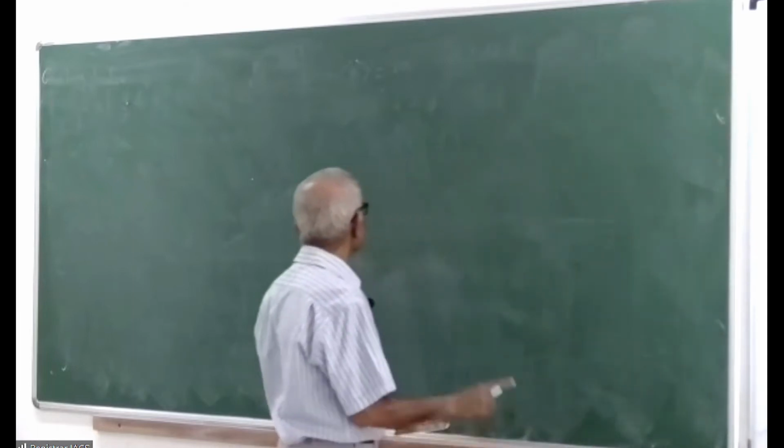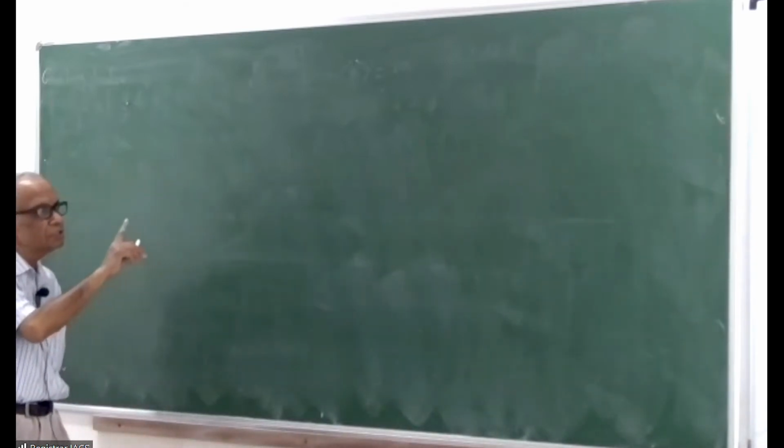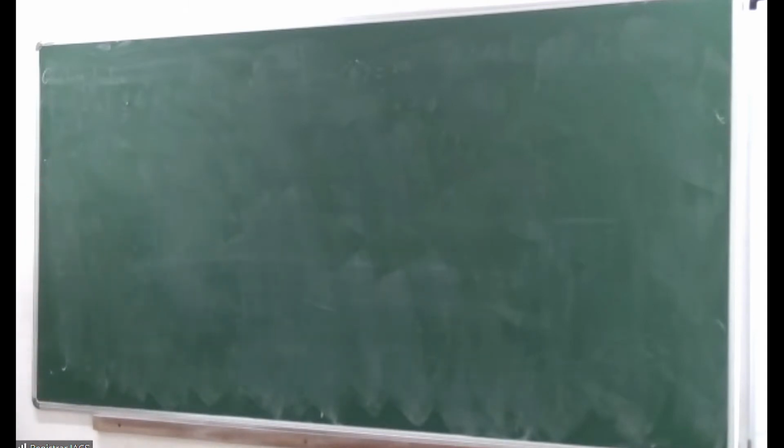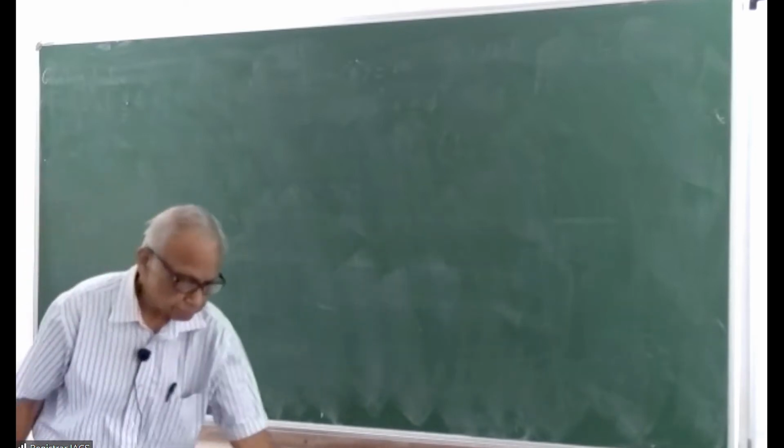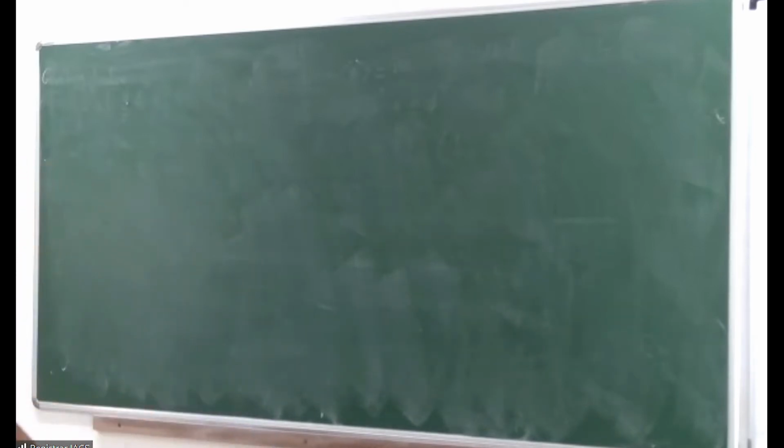Mind you, the mean field theory is independent of spatial dimension. The spatial dimension never entered the picture, so mean field theory gives the same answer in all spatial dimensions. All right, so that's mean field theory finished. The specific heat was important to show.